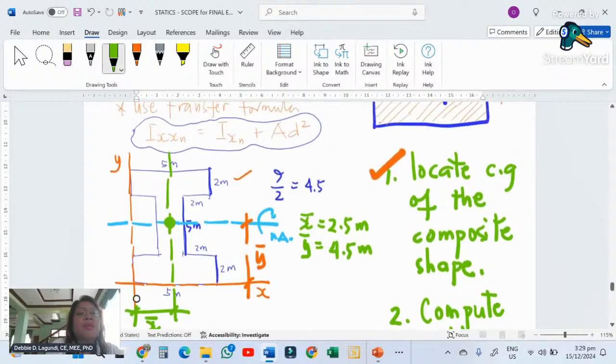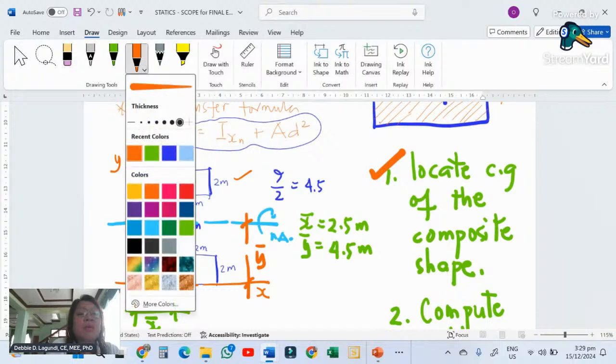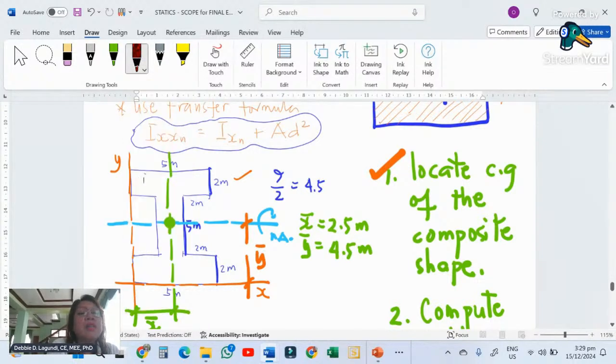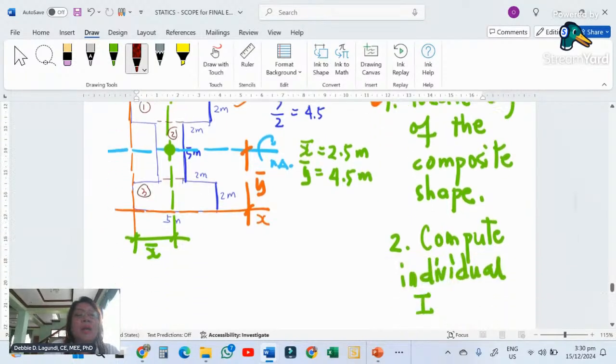One is the rectangle. Two is the rectangle in its upright position. Three is the same as 1.